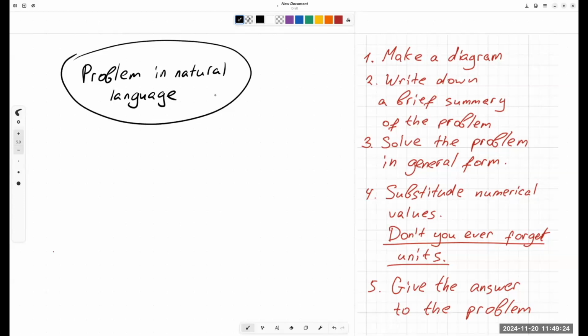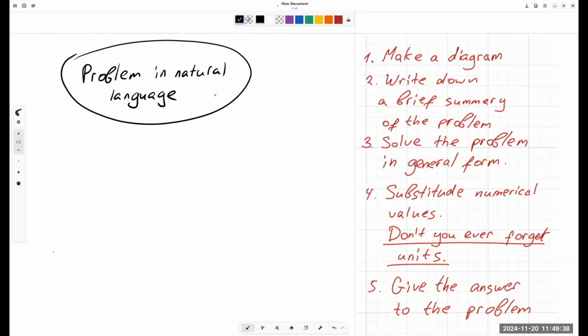So the first step is making a diagram. It helps us to understand what's going on. And the second step is to write down a brief summary of this problem.